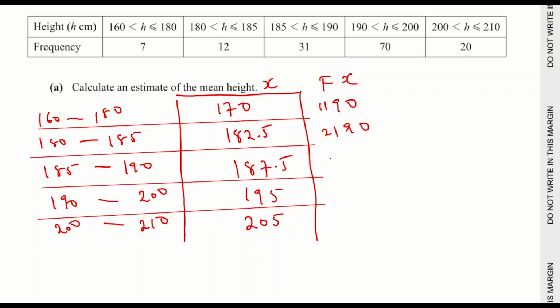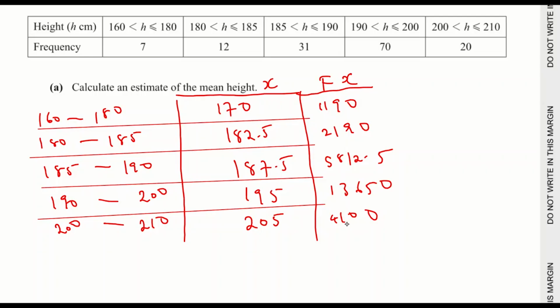So this will give us 5812.5. So this will give us, I think, 13650, and this will give us 4100. So this will be the column for the product of the frequencies and the x values.